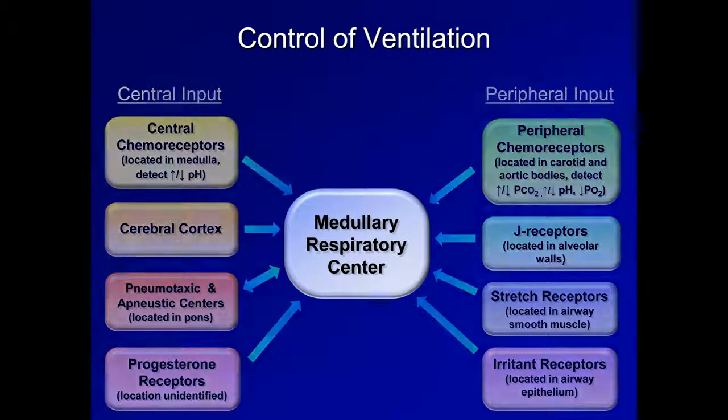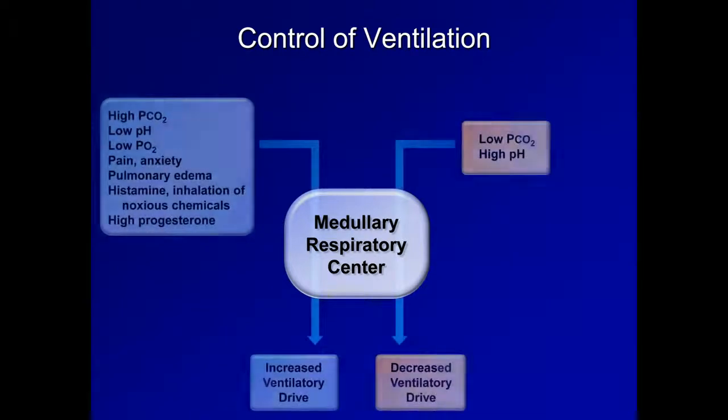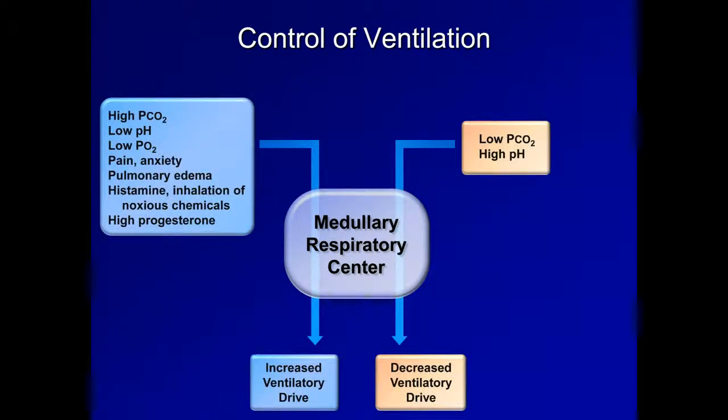The net consequence of this process is that increased ventilatory drive can be triggered by high PCO2, low pH, low PO2, pain, anxiety, pulmonary edema, histamine, inhalation of noxious chemicals, and high progesterone.